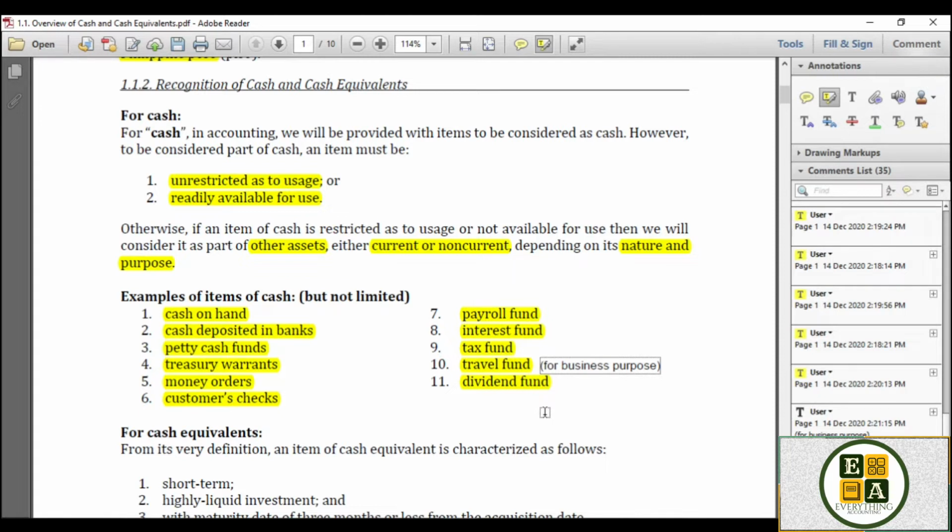Same goes with tax because tax nagbabayad ka regularly dun sa government. Interest, you are paying interest kasi merong maturity yung pagbayad ng interest. Either monthly, quarterly, or annual. Travel fund, generally for business purpose yan. Then dividend fund, payment doon sa returns sa ating mga owners. Okay?